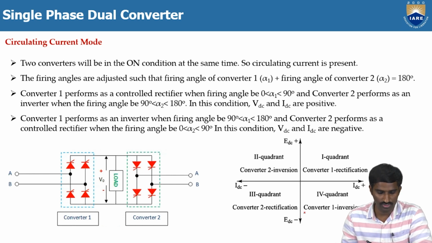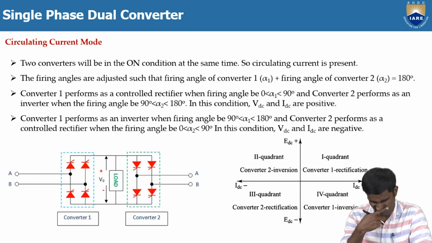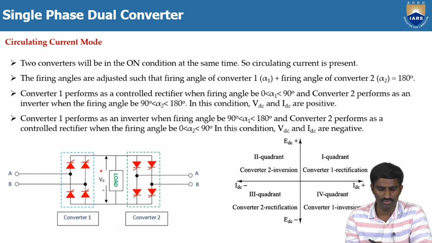Here I have mentioned two examples. Suppose converter 1 performs as a controlled rectifier. When will it act as a controlled rectifier? Just now we discussed, if converter 1 acts in rectification mode, the firing angle alpha 1 is in between 0 and 90 degrees.